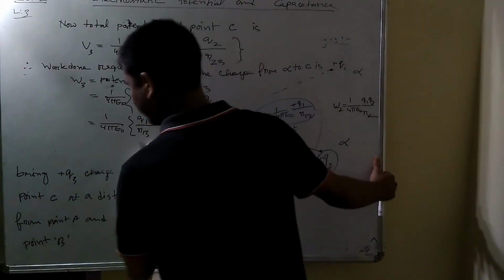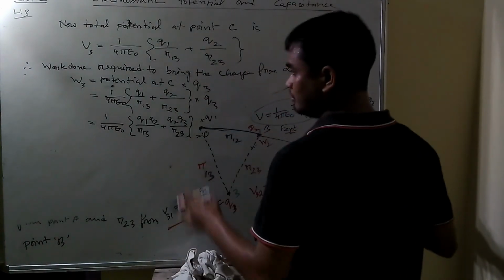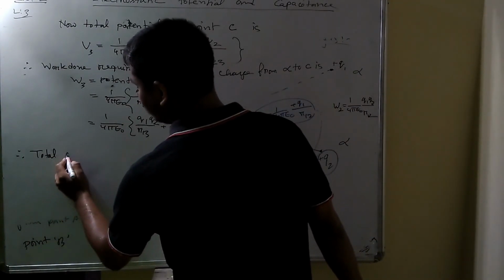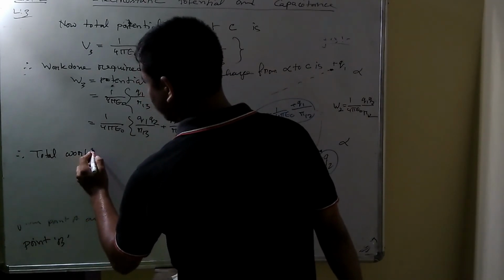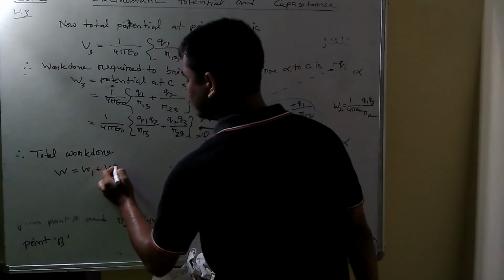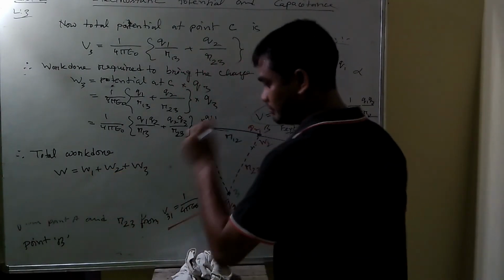Now the total work done W is equal to W1 plus W2 plus W3.